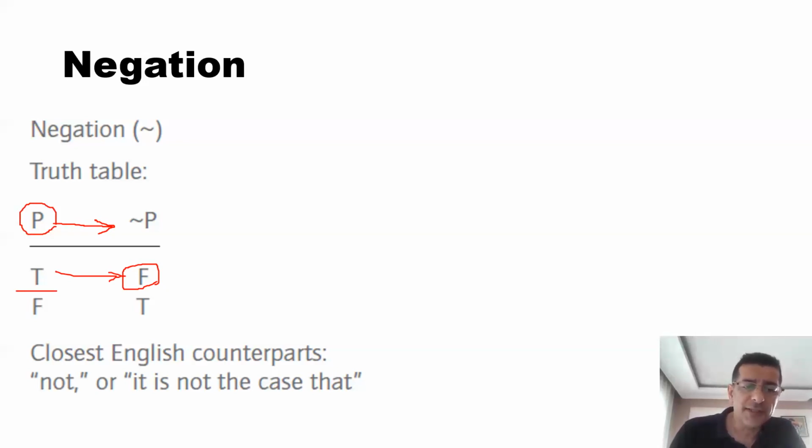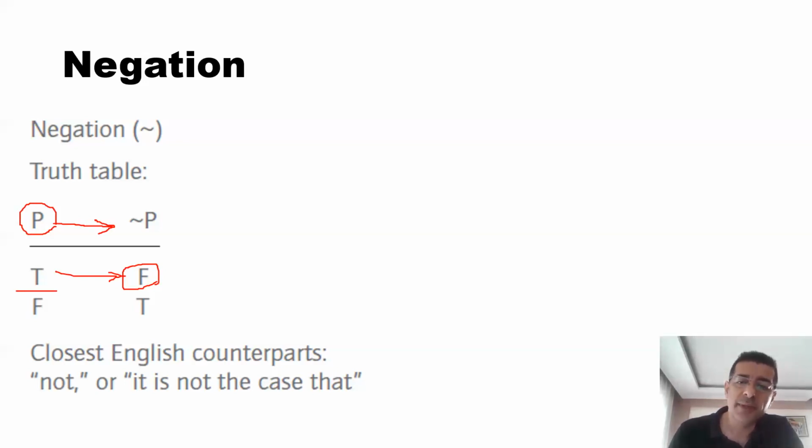But what if I'm from Iran is false? Then the opposite, I'm not from Iran, is true, right? Okay, so negation is represented by a tilde, so we have not P or tilde P. Now I'll give you some examples, and I want you to translate these statements.